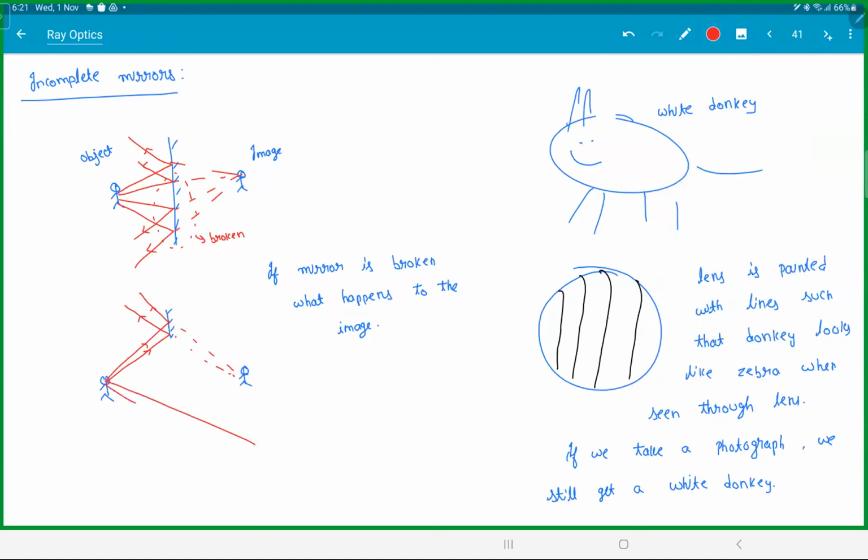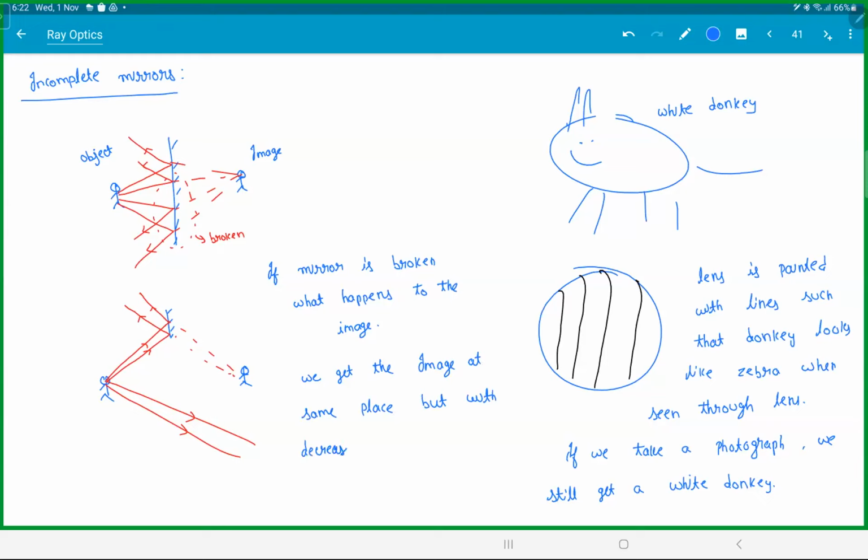These light rays will just go off like this. So we get the image at the same place, a full image, but with decreased brightness. Since the number of light rays is less, the brightness is less.